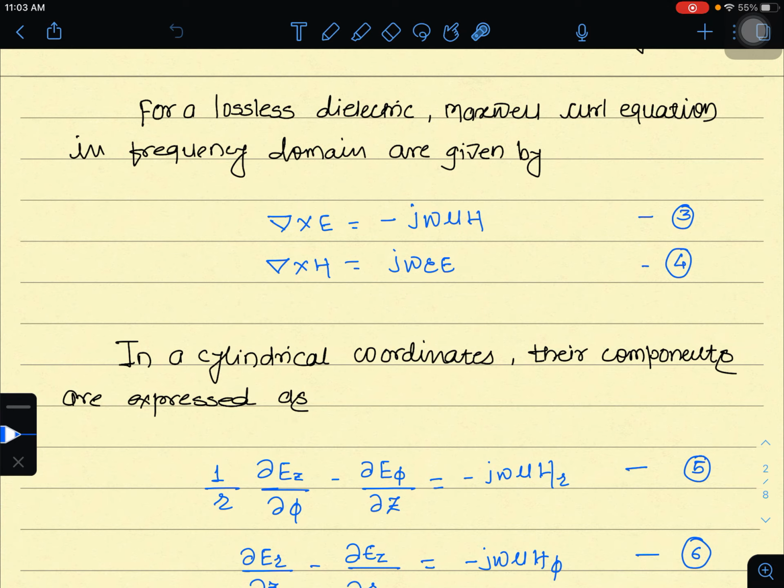Now we have the cylindrical coordinate components from the previous lecture.